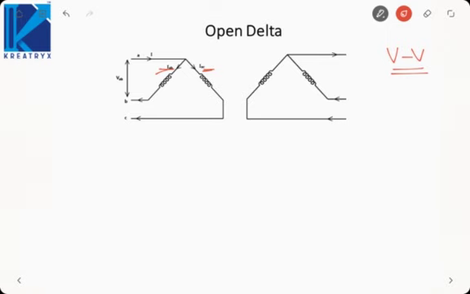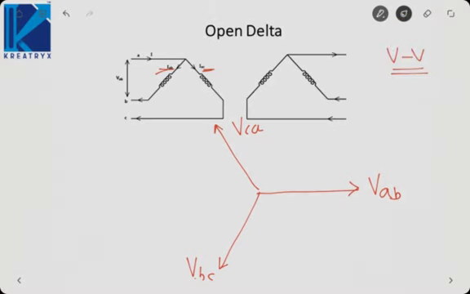First let me take line voltages as reference phasor, VAB, VBC and VCA. Now the current IAB, it will be in same phase as VAB. I am assuming a resistive load, so it will be IAB. Then IAC will be in the same phase as VAC.